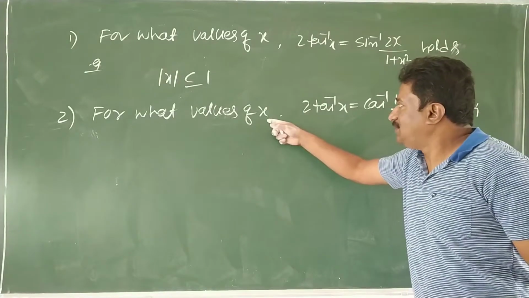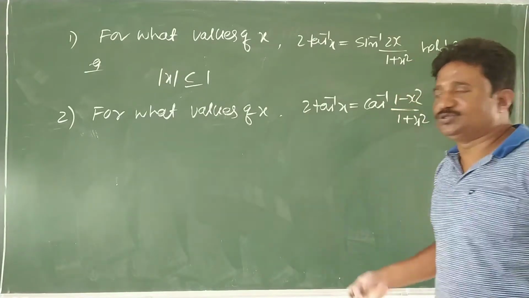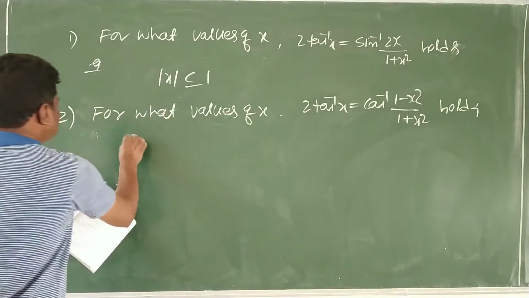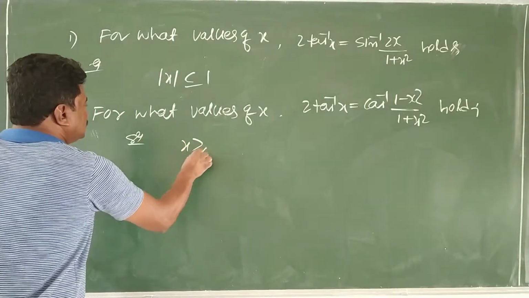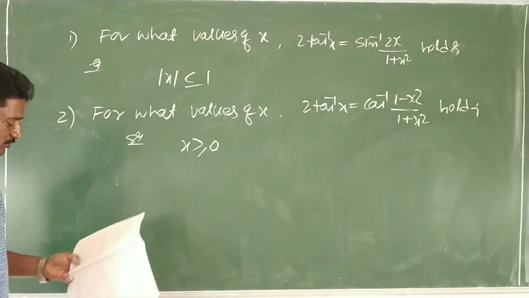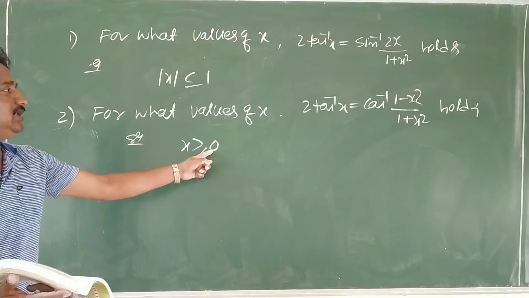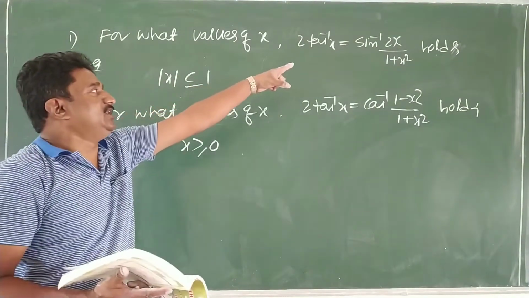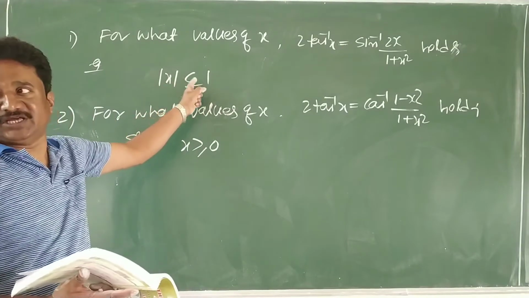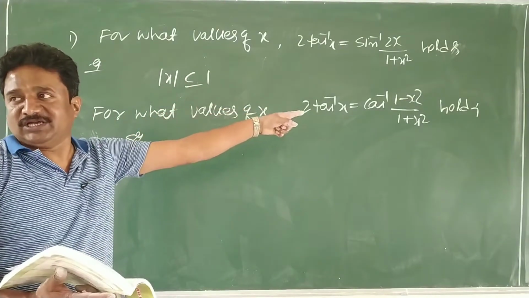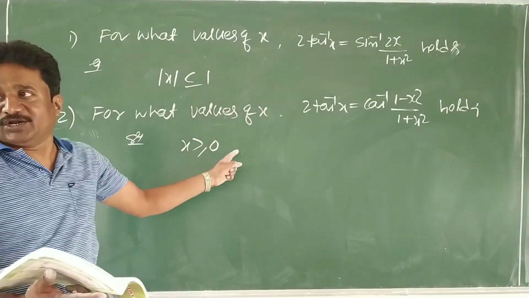Answer: x is greater than or equal to 0. Just remember, x is greater than or equal to 0. For sine inverse, you remember mod x less than or equal to 1. For cos inverse, you remember x is greater than or equal to 0.